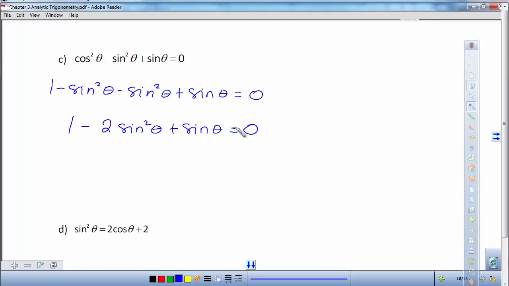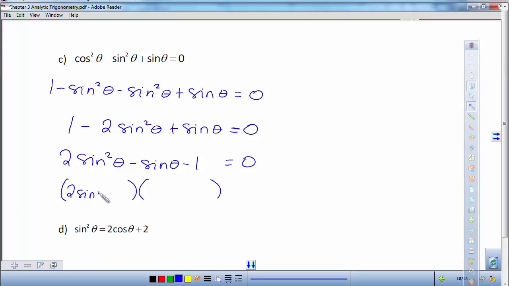So I'm going to do 2 things. I'm going to multiply through by negative 1, and I'm going to rearrange my terms. So when I multiply through by negative 1, I'll get 2 sine squared theta minus sine theta minus 1 equals 0. So I changed the sign of each one and then put them in order of descending power. So I've got my squared term first, and then my first degree term, and then a 1. And then hopefully we can factor this. This would factor as what?